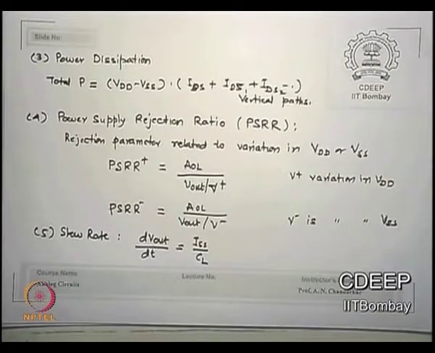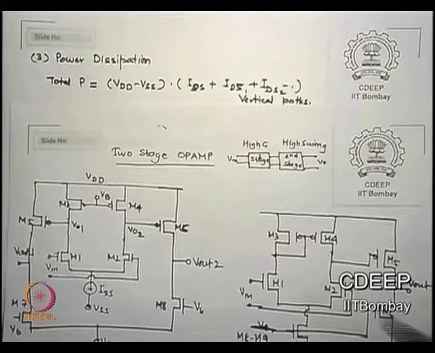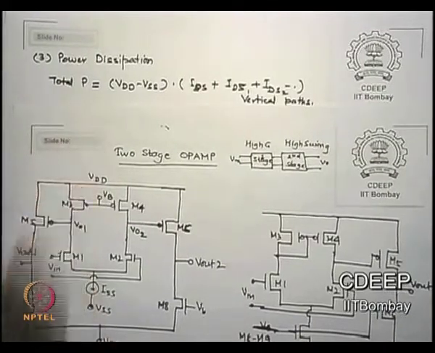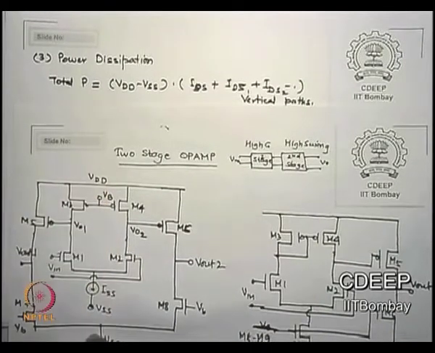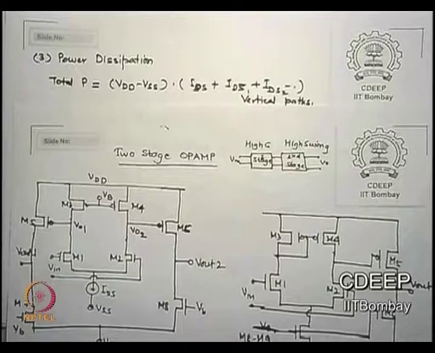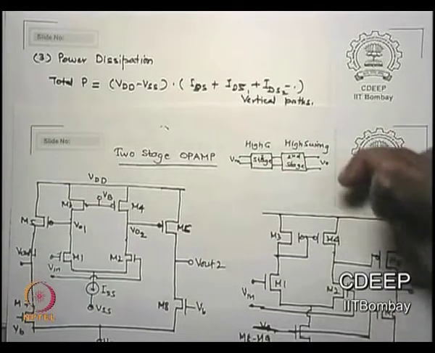The third interesting parameter is power dissipation. Please remember, last time when I calculated, there may be something I did not show you correctly. Power dissipation is something like this. VDD minus VSS is the maximum voltage available to you. Is that correct? So when the current goes from here to VSS, the maximum voltage swing is VDD minus VSS. But there are too many currents flowing.